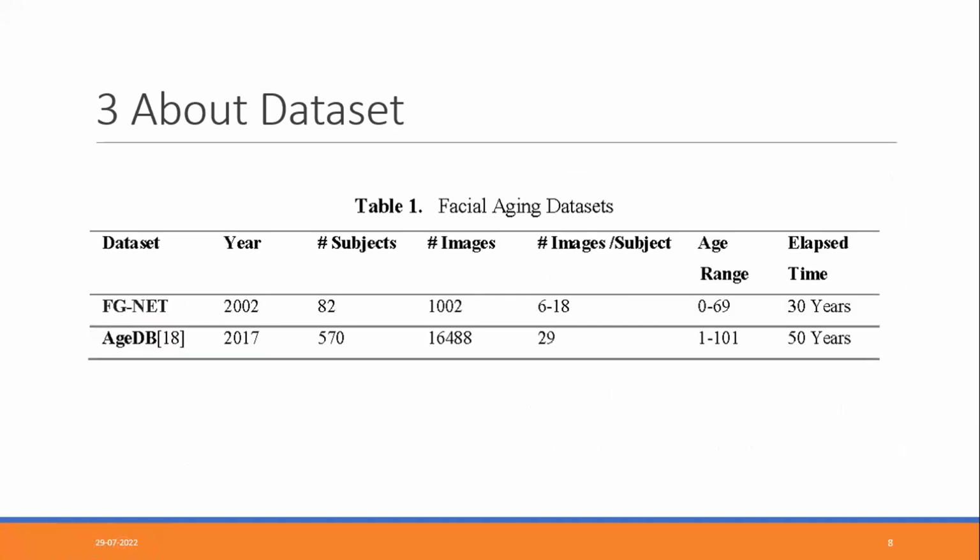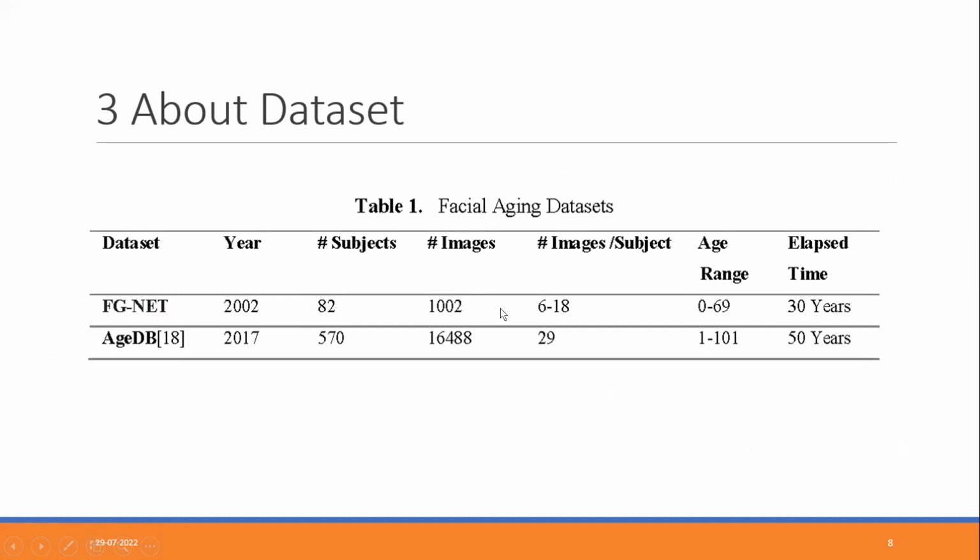I have also given some spreadsheet details of these data sets in the form of Table 1. The FGNet data set was introduced in 2002, and they considered 82 subjects, from whom they collected 1,002 images.